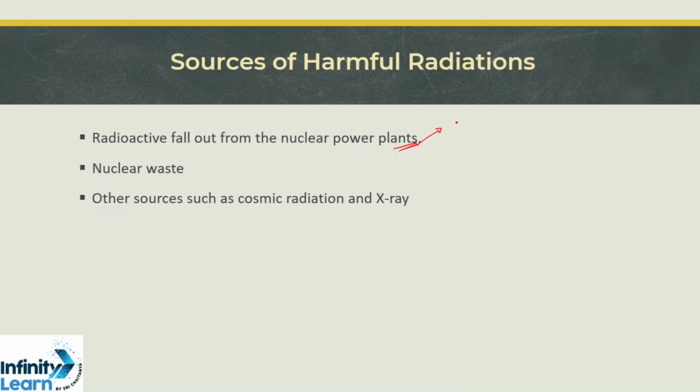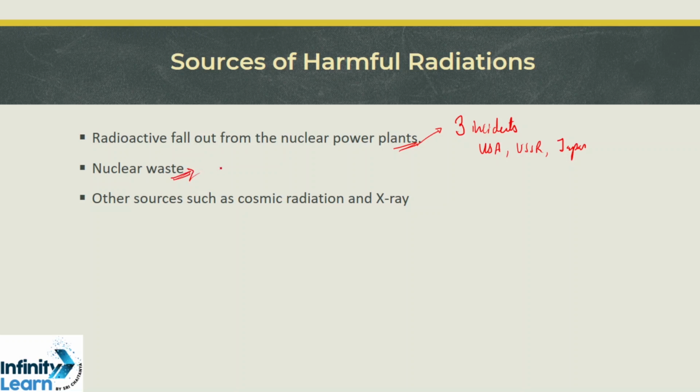Three such incidents have already happened. One in USA, the other one in Russia, which was previously USSR, and the third one in Japan in 2011. These accidents caused damage to the reactor buildings. They injured the persons working in the plants as well as the persons in the vicinity of the plants.